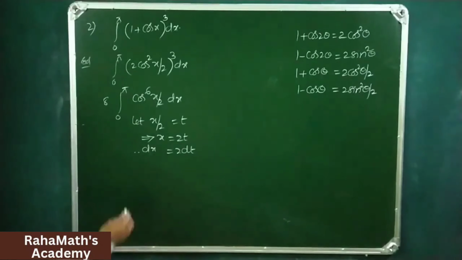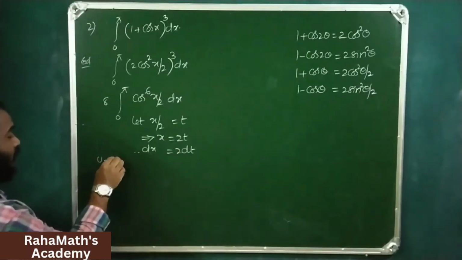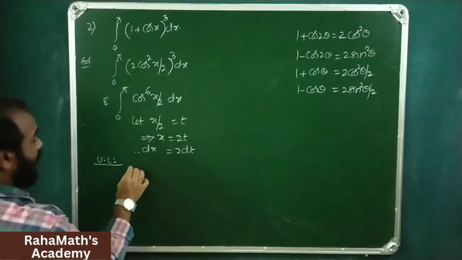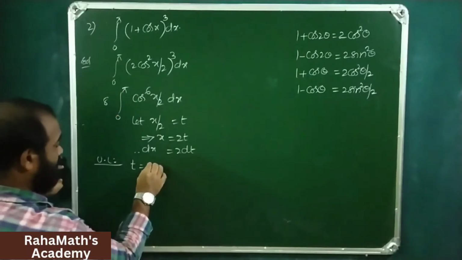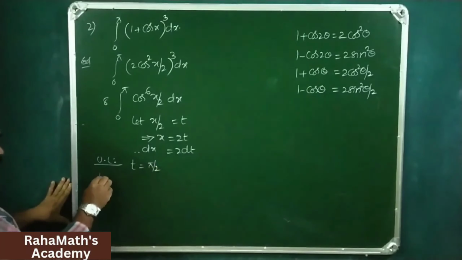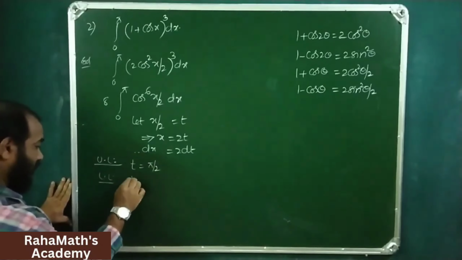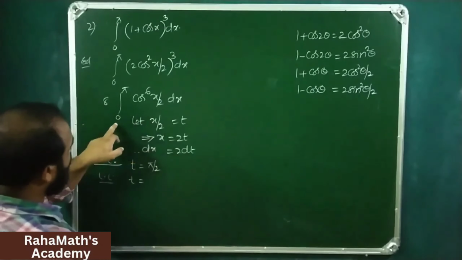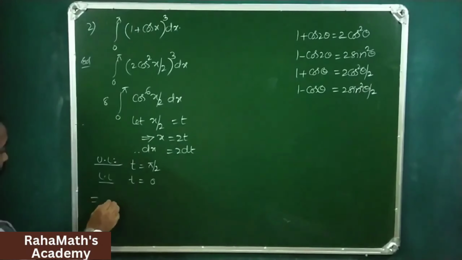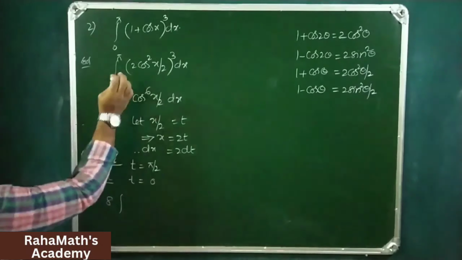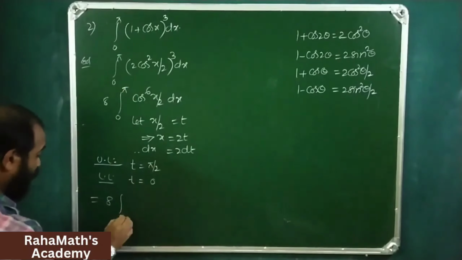Now we have to change the limits also. Upper limit: x is pi, so t equals pi by 2. Lower limit: t is equals to 0 by 2, 0. Therefore 8 into 0 to pi has become 0 to pi by 2.